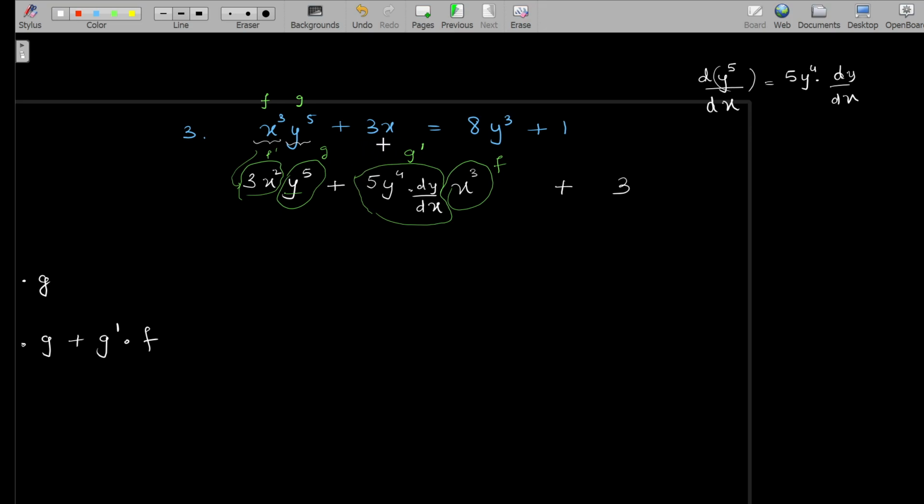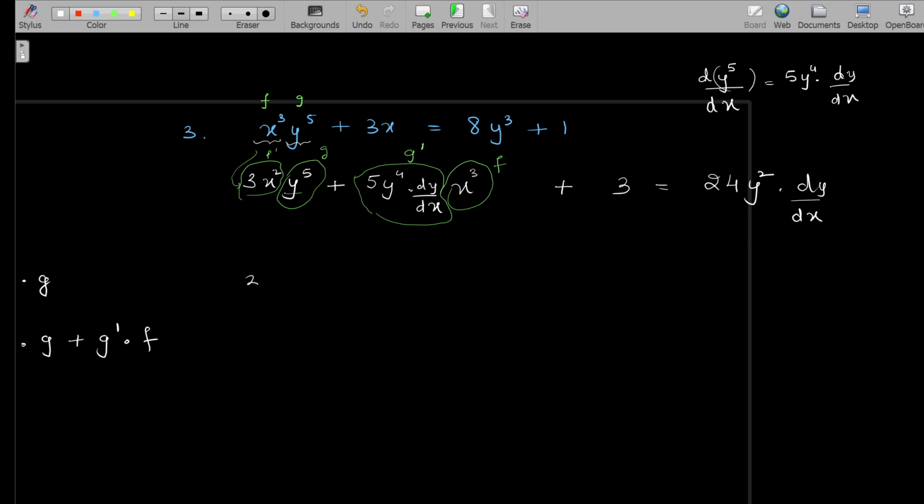So derivative of 3x with respect to x is 3. Now derivative of 8y cube. So here will it be like 24y squared times dy over dx? Yes, exactly. 24y squared times dy over dx. And derivative of 1 will be 0. So I'm not writing plus 0.